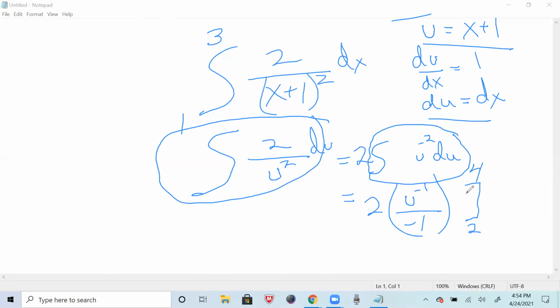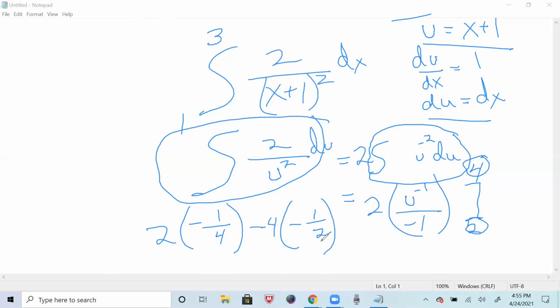And now you know how to evaluate these. You always start at the top one and subtract the other one. So the top one is a negative 1/4. Correct? Did I do that right? Well, minus the bottom one, which is a negative 1/2.